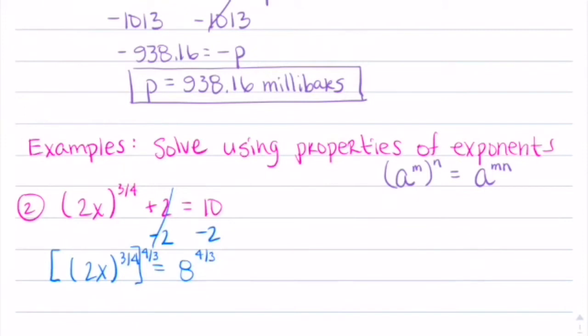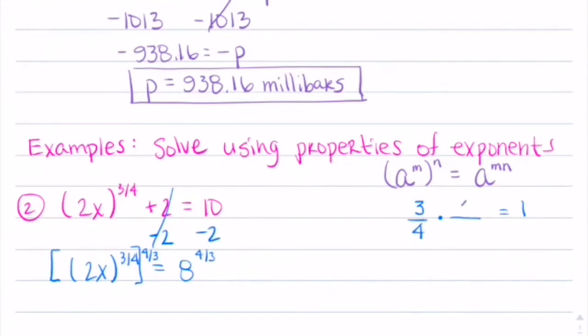So just to be clear, I'm going to come over here on the right. We started with an exponent of 3/4, and we want to multiply it by something that's going to give me an answer of 1. I want an exponent of 1 because I want the exponent to just completely disappear. And an exponent of 1 is the same as not writing an exponent.